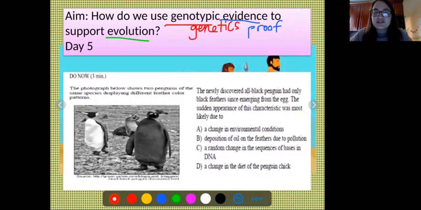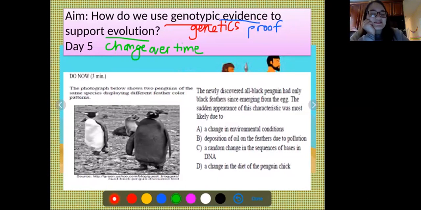If you remember, we're talking about change over time, specifically changes in species over time. So I'm going to write change over time. We're looking for proof that supports the theory of evolution. Let's find out what it is.